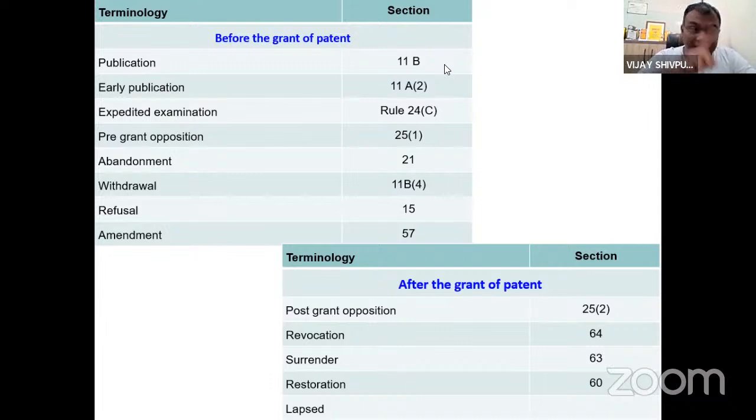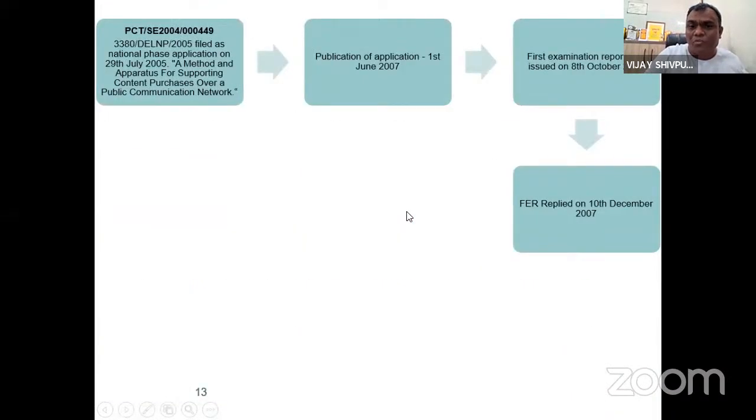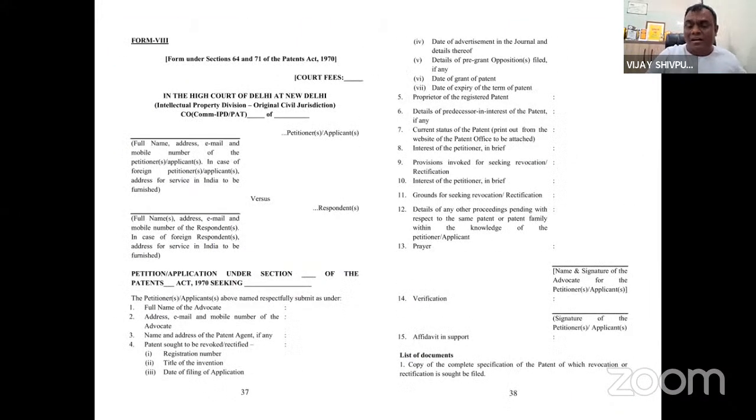Yes, Ujjwala, these forms are different. Form 8 and Form 9 in the Indian Patent Act are different compared to these forms. If you go through the Indian Patent Act forms, these are forms for the Indian Patent Act 1970 and the relevant section.